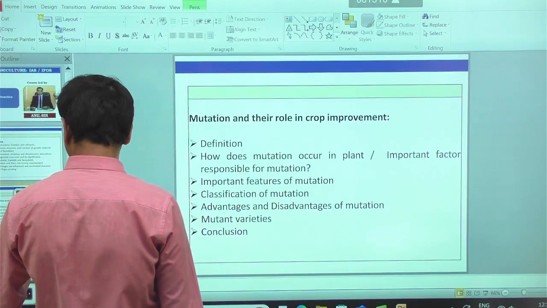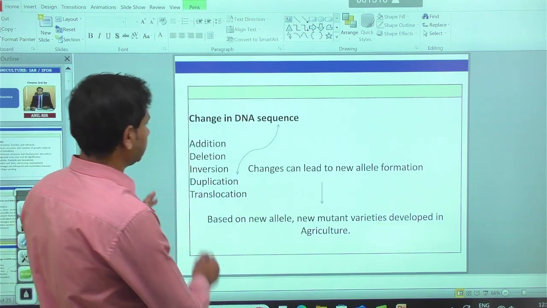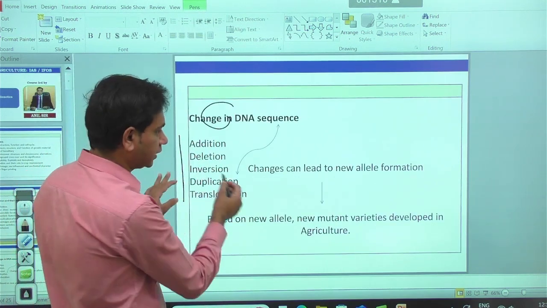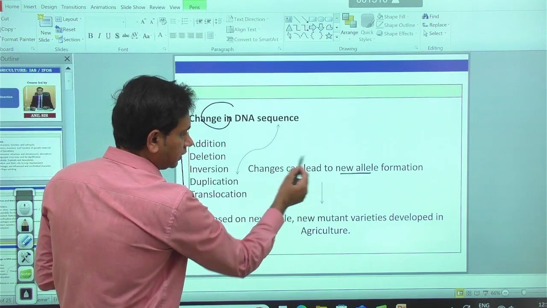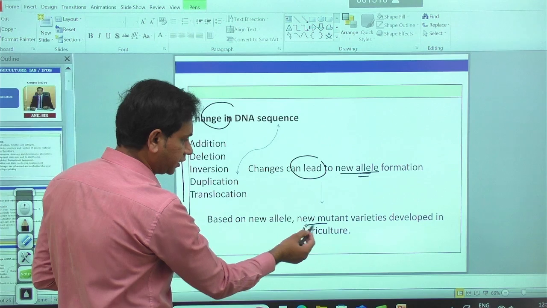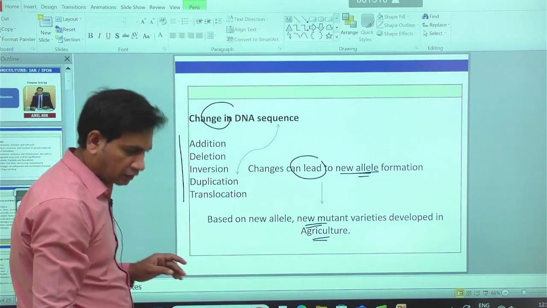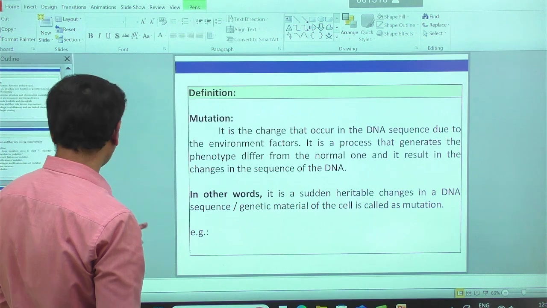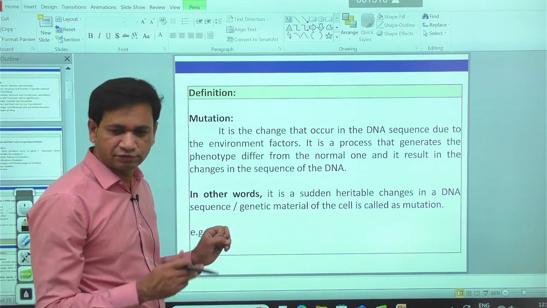So here, we said changes can be structural or numerical. According to that, it can lead to new allele formation. Based on that, new mutant varieties are developed in agriculture. Now let us look at the definition of mutations.